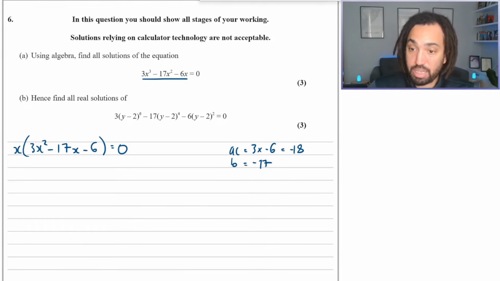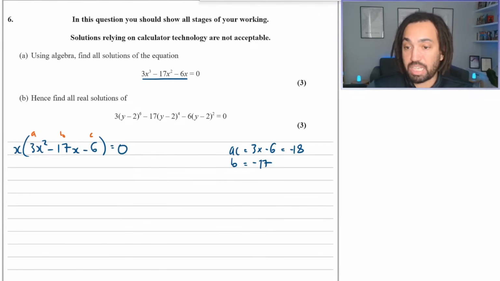What we do is we work out what the AC is, which is minus 18, because A is the x squared term, B is the x term, and C is the constant term. So we work out AC, and we know that B is minus 17, so we're looking for two numbers that times together to make minus 18, and add together to make minus 17. So those are minus 18 and 1.